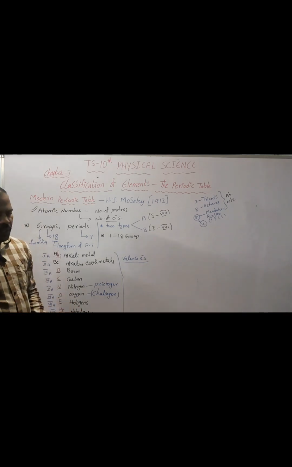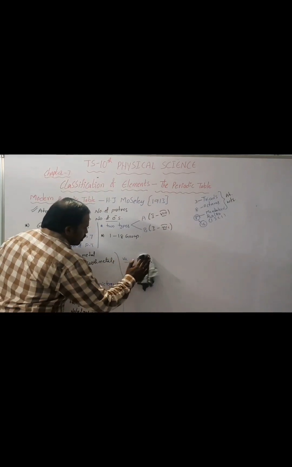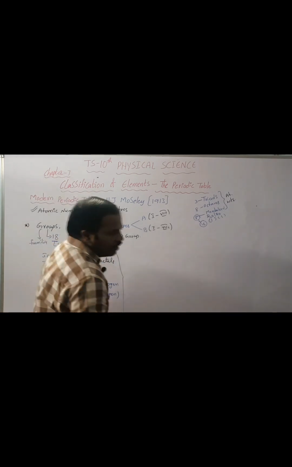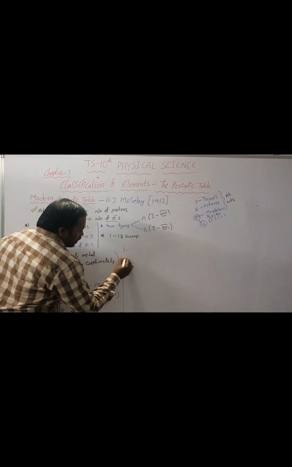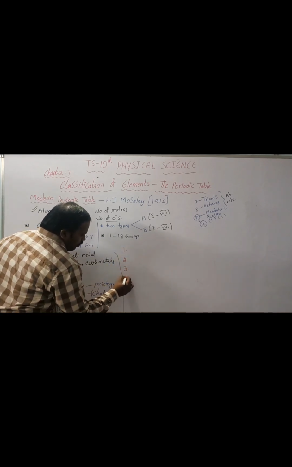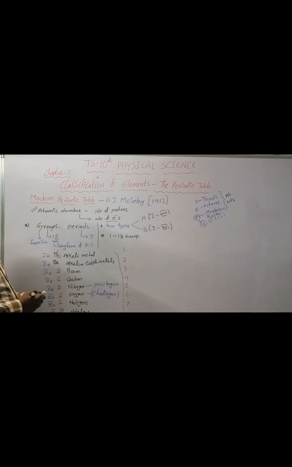How many periods are there? There are 7 periods. How many elements are present in each? The first period, second, third, fourth, fifth, sixth, seventh. These are the period numbers. The first period has 2 elements.